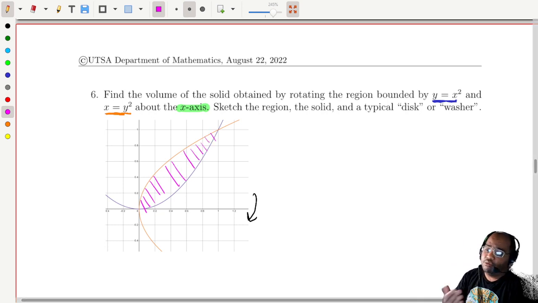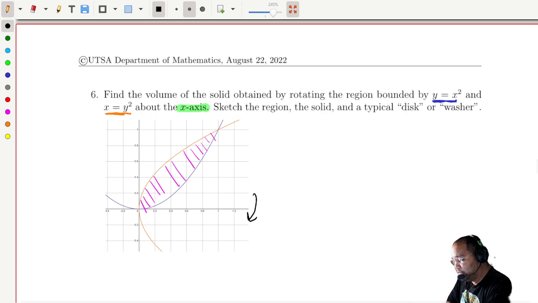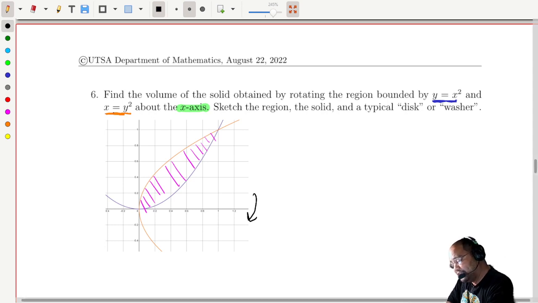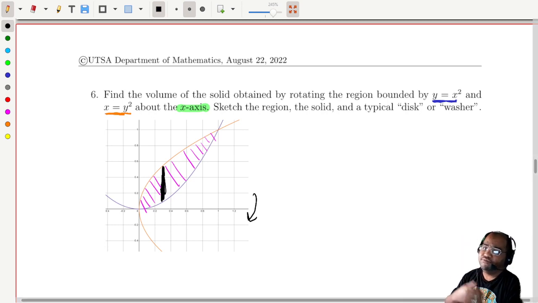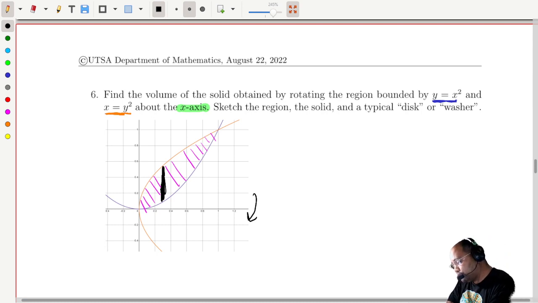Again, I want to use disks, so I want to make sure I'm slicing perpendicular to the axis here. We can also phrase this in the future using shells, where we'll slice parallel to the axis of rotation. The method that you choose will, as you'll hear me say, be out of convenience.